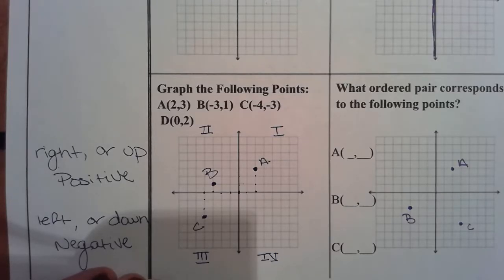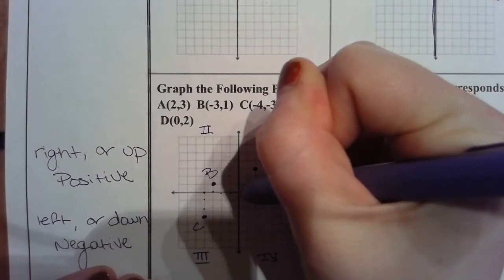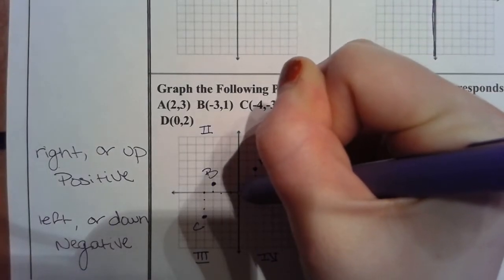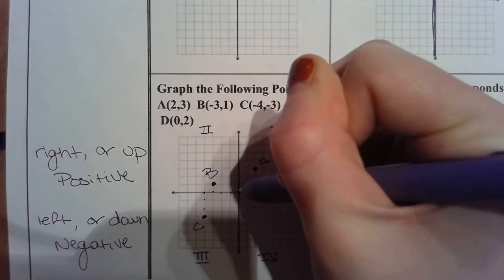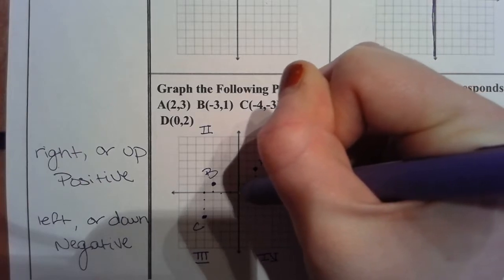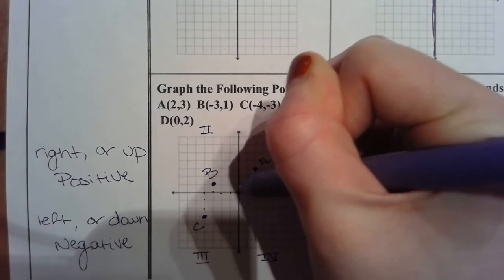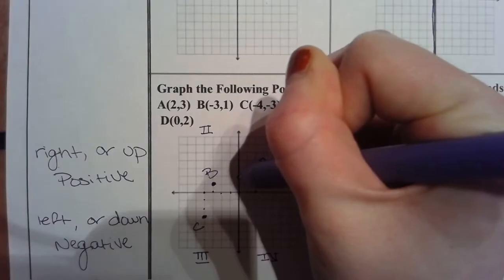And let's see where point D is. If I'm starting at the origin, since my x value is 0, I'm not moving in the x direction at all. But it does say that I'm moving in the y direction, so I'm not changing my x, but I'm going to move up 2.